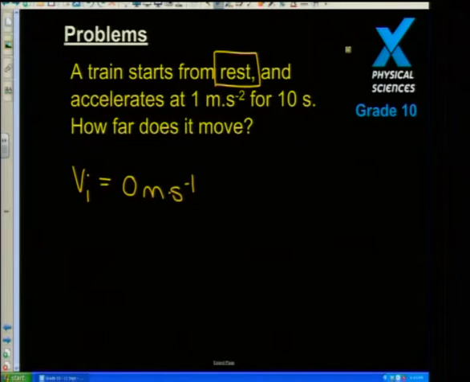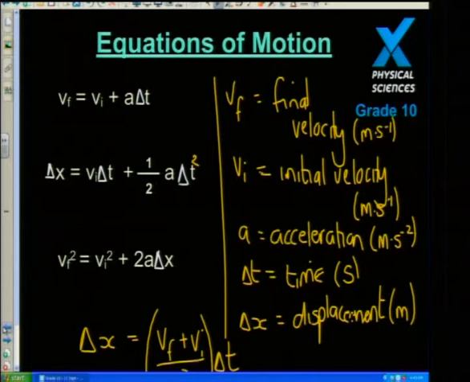And it accelerates at 1 meter per second squared. Before I go any further, we're going to write a list. There were 5 unknowns. We go back here to the equations. I have a list: VF, VI, A, delta T, delta X. I always write that down. Watch what I'm going to do.